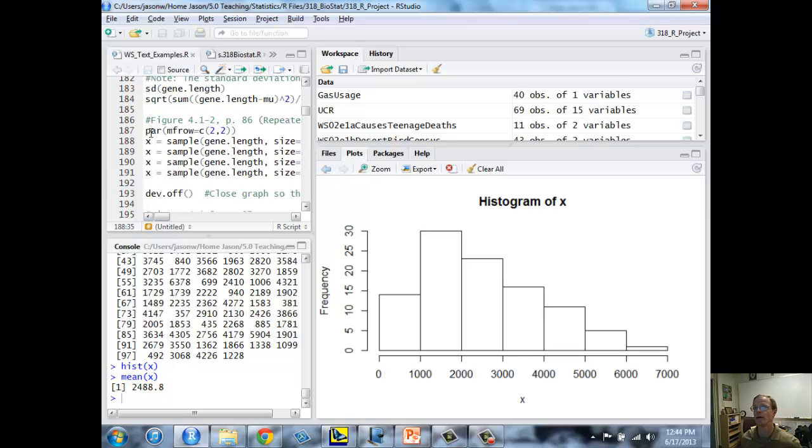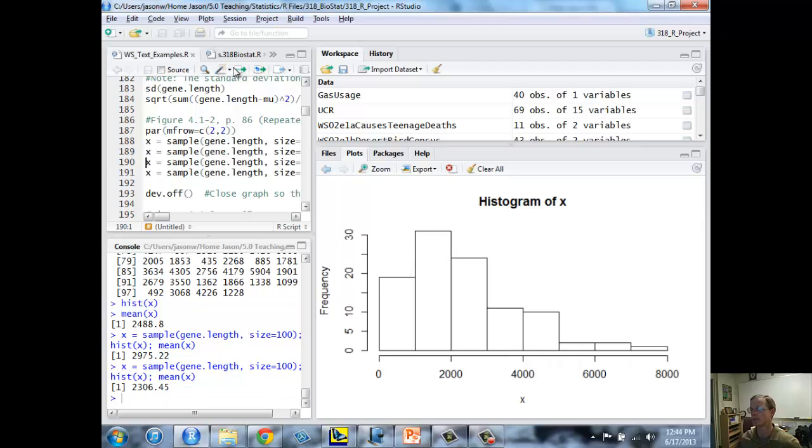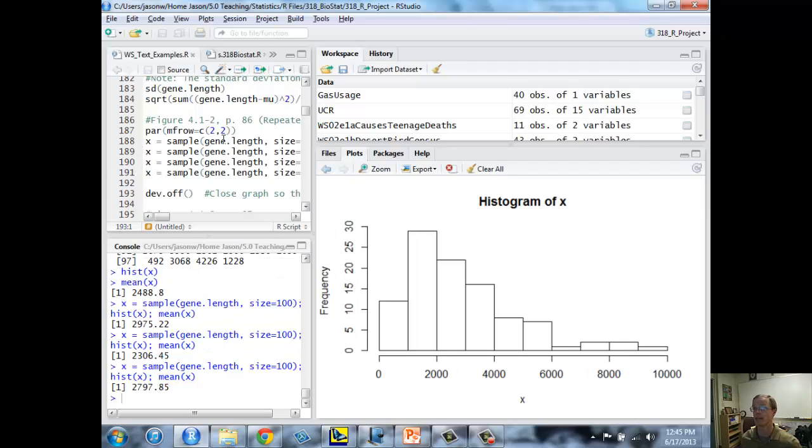Well, what if we do that again? Oh, different sample, different histogram, different mean. Again, different sample, different histogram, different mean. And we're going to see this happen over and over. So I can speed this up by calling a command to give me a 2x2 window.